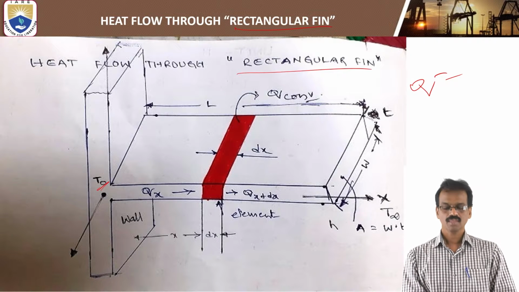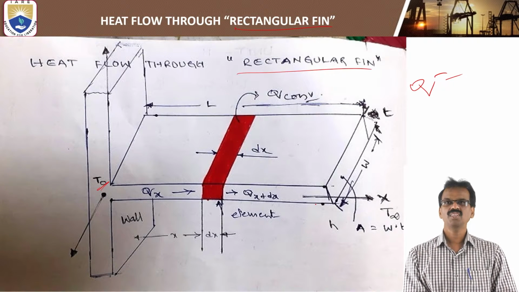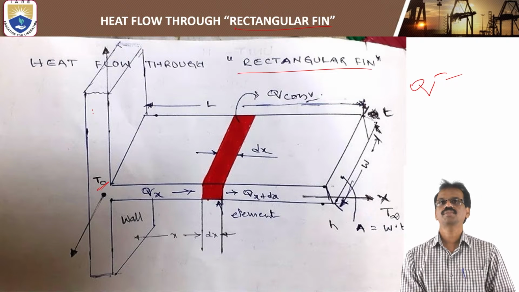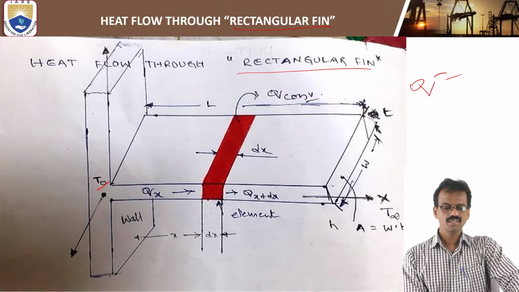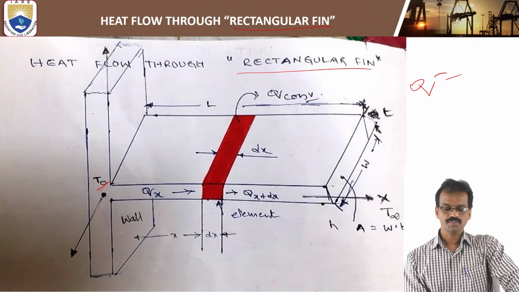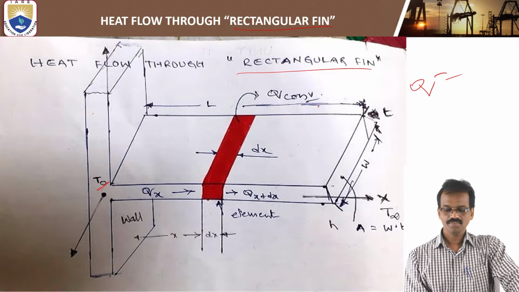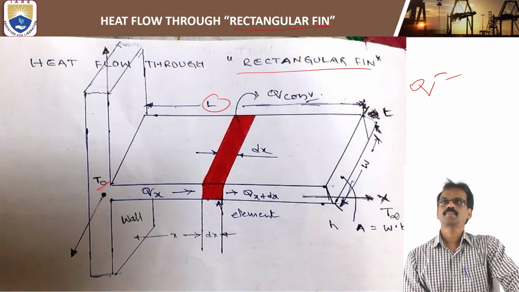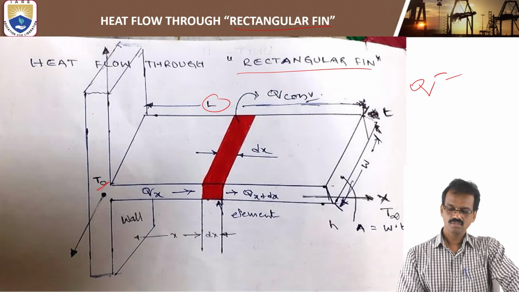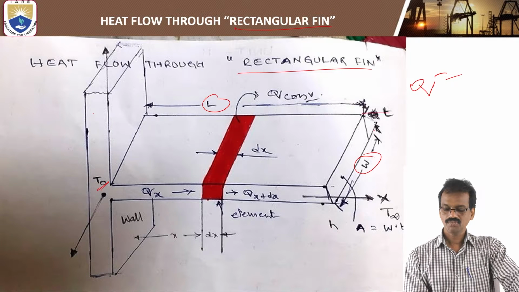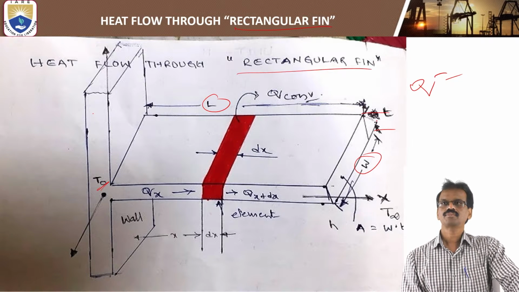This rectangular fin is attached to the base surface, or wall of the engine. The length of the rectangular fin is L, the width is small w, and the thickness is T.